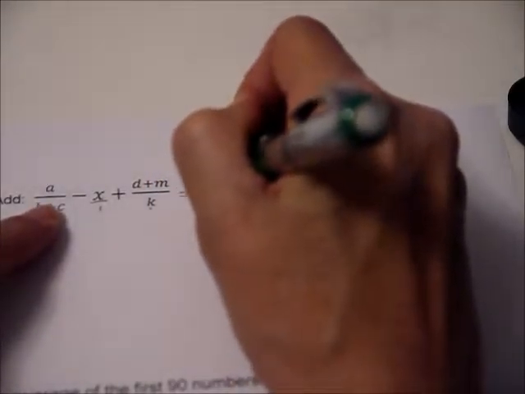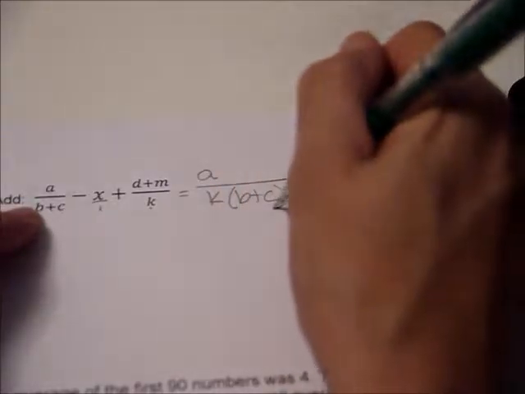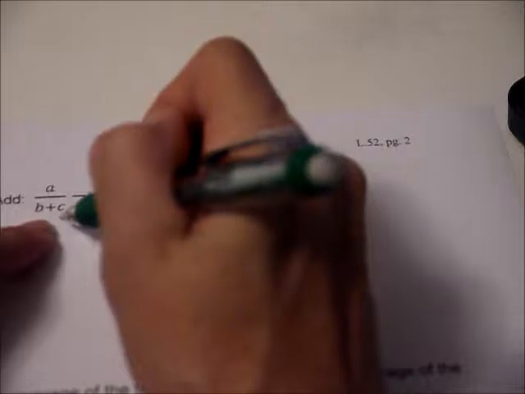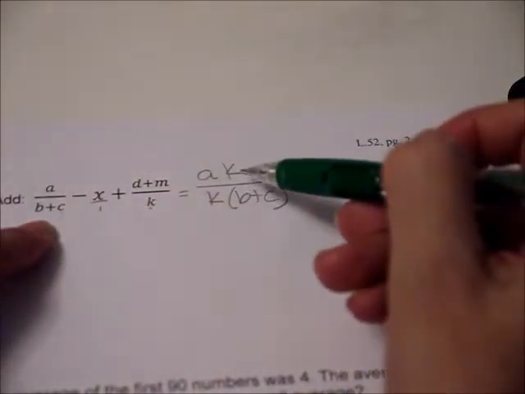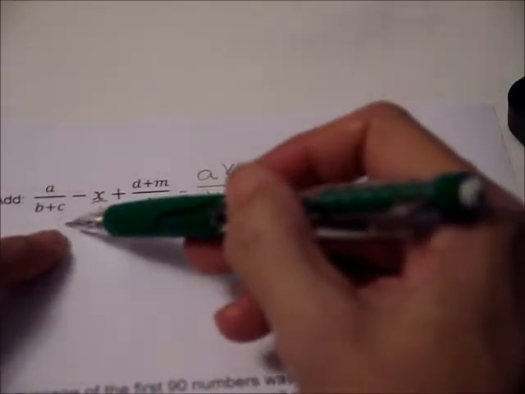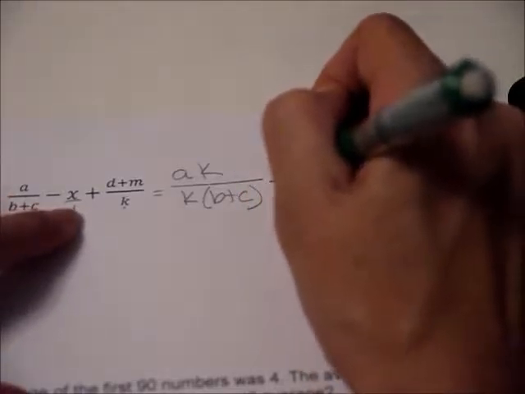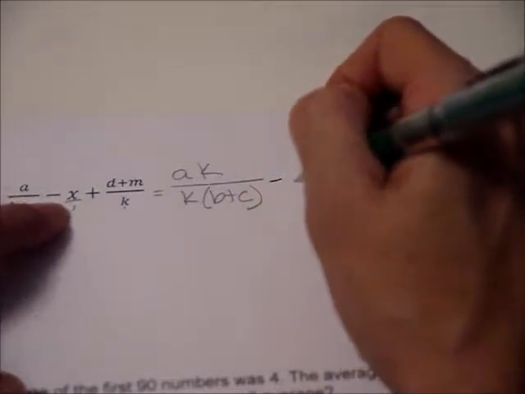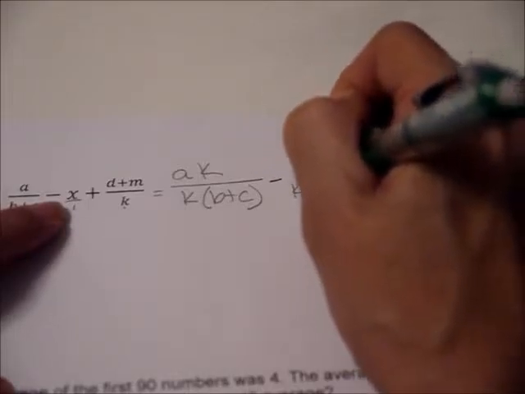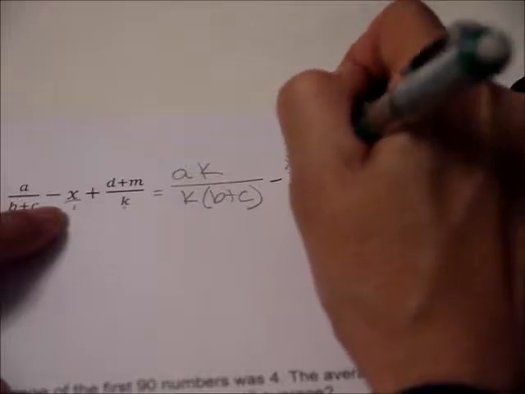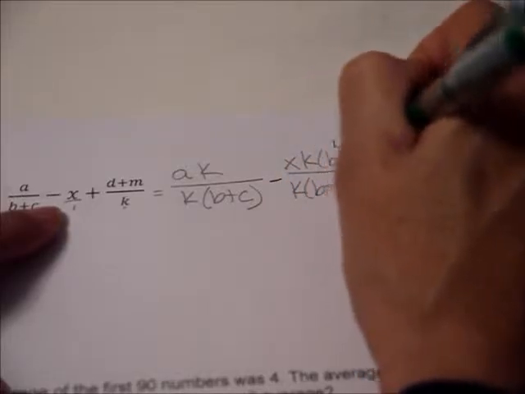If we had an a and b plus c was on the bottom, we multiplied it by k. If we cancel those out, we're back to the beginning. Minus, and again, because x had a denominator of 1, it multiplies by everybody, so we're going to have x times k times b plus c.